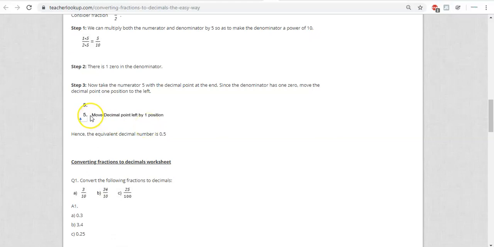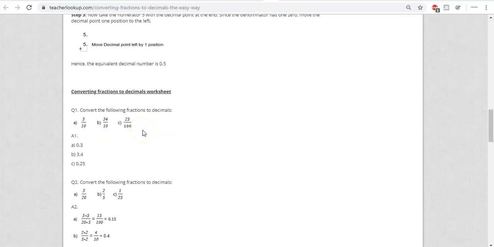Step 3 is take the numerator 5 with the decimal point at the end. Since the denominator has 1 zero, move the decimal point 1 position to the left. So because it's 10, we move the point 1 space, and that equals 0.5.